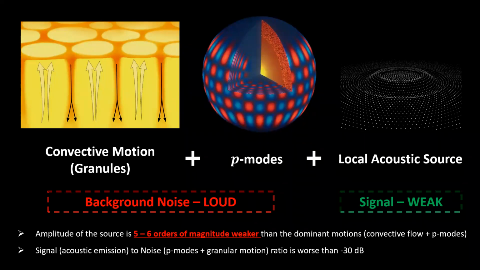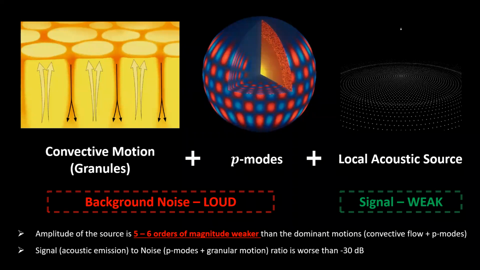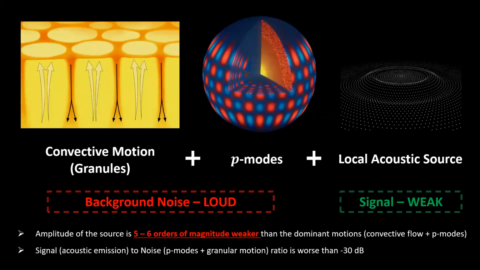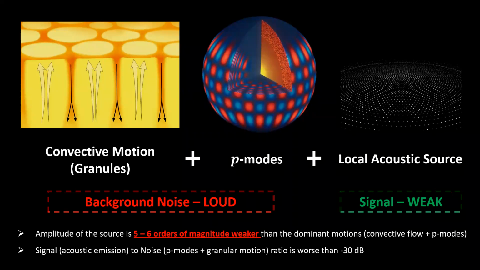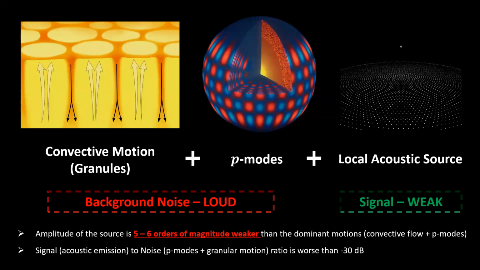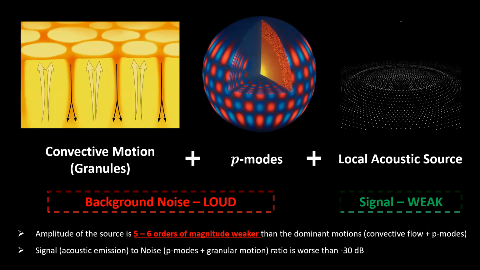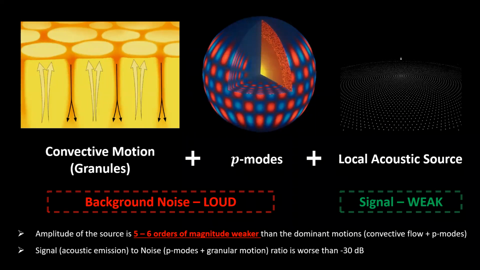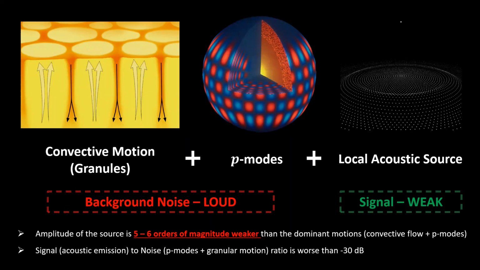Then you can say, okay, can't you do a Fourier filtering or something like that to take out all the contribution from the granules and the P modes? That's not so straightforward. And why? Because you remember the P modes were actually born from these local acoustic sources, right? So they share their frequency components.